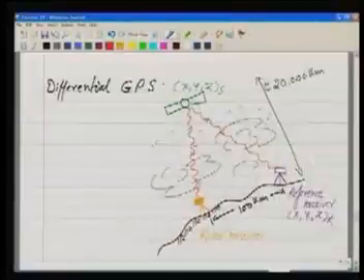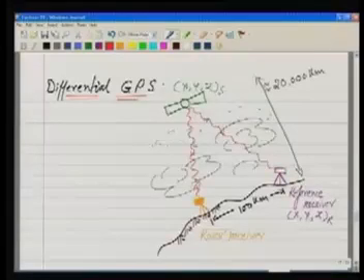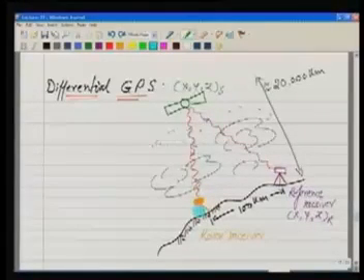In DGPS, our aim, as we can see in this diagram, is to determine an accurate position over here. I will highlight this. We want to determine an accurate position here, and we are making use of the satellites.